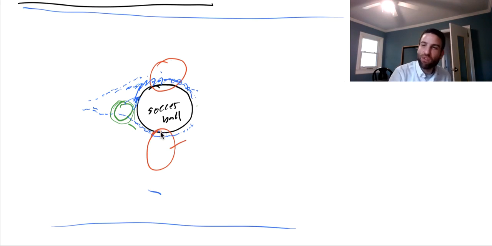And actually, the result of that is that the wake behind the soccer ball is much smaller. It's much more turbulent.